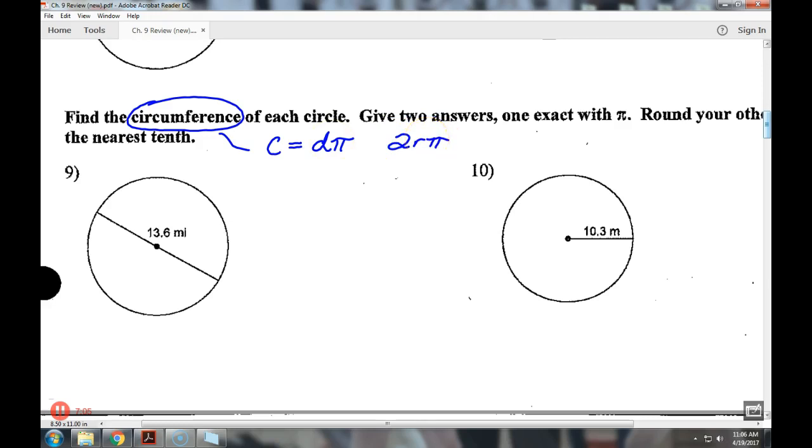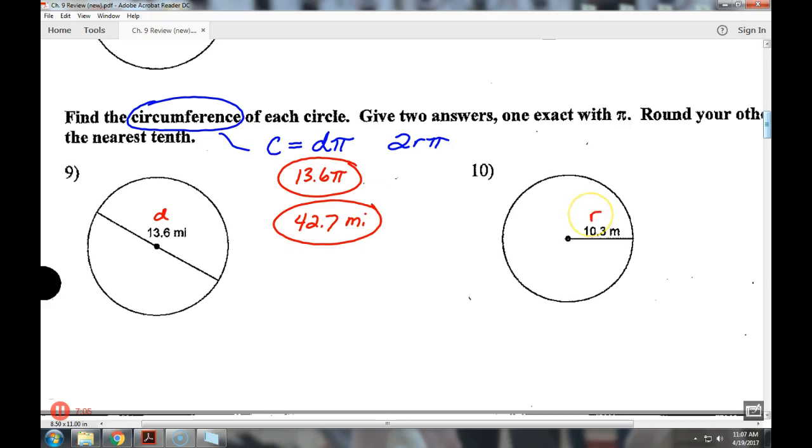Either one, because 2 radiuses and 1 diameter are the same. So looking at this problem, this is d. So for circumference, it's just 13.6 pi. If I want to multiply that out, 13.6 pi, it would be 42.7. And on circumference, you don't square the units, it's just the length. So these are just miles.